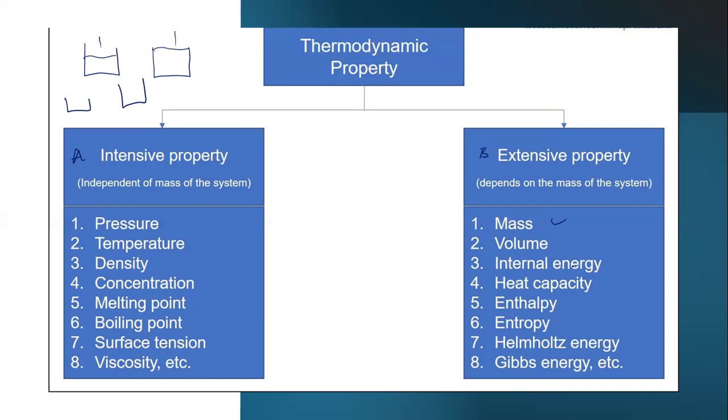Talk about the enthalpy, the entropy, the Gibbs energy. You're supposed to understand what type of property we are talking about, the volume, the pressure, the temperature, and all of those. So probably we'll learn more through the whole entire module.